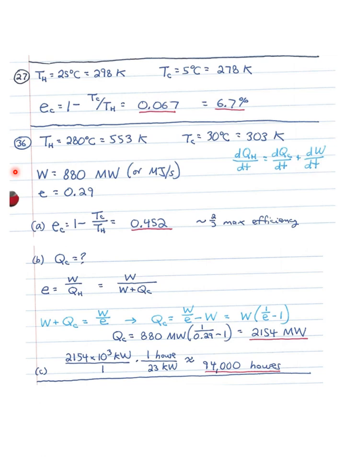Now really that's a rate of work being done. It's 880 megajoules per second. But we can think of it as megajoules, an amount of work, if we just think that is how much is done in each second. And really what we're getting at is this equation that I've written on the right in the light blue, the time derivative equations.